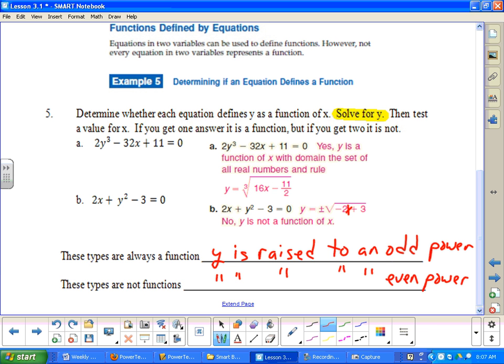Odd power, it's always a function because we can do the cube root, fifth root, y equals. We know there's only going to be one answer in those cases. But anytime I have an even power for y, I'm always going to end up with a plus or minus. And so that would mean there would be two answers.